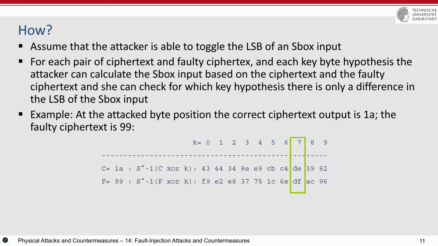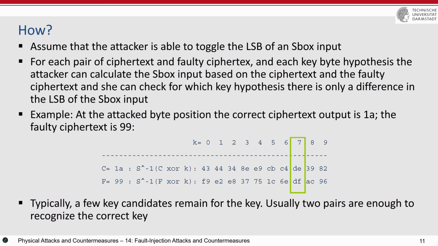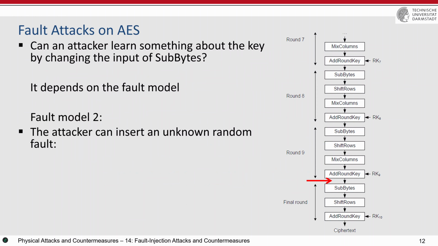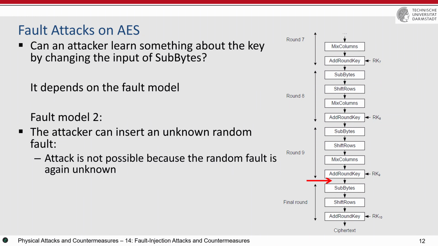The deltas between 1 and 255 are possible, then any difference between them will anyway be one of these 1 to 255, and then none of these key candidates comes out. And it doesn't matter how many pairs of ciphertext and faulty ciphertext you have. Now, if we have a more general fault model, the attack does not work.